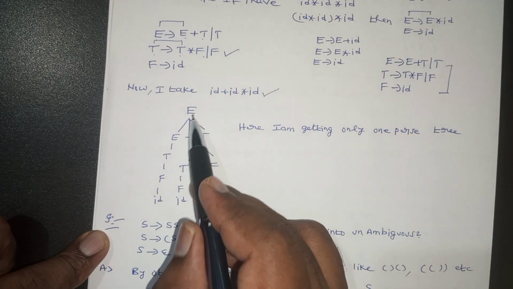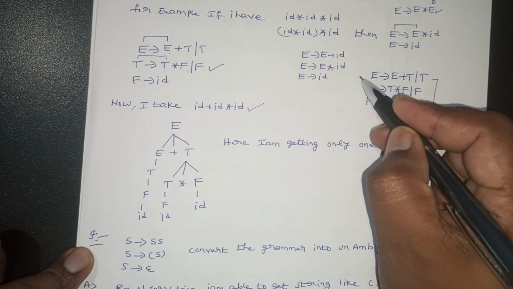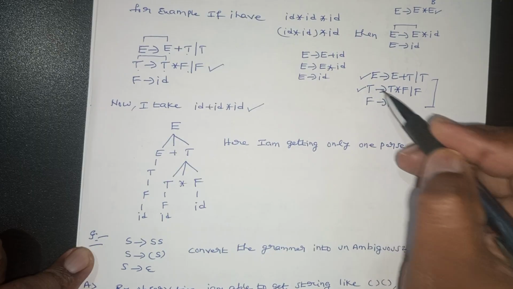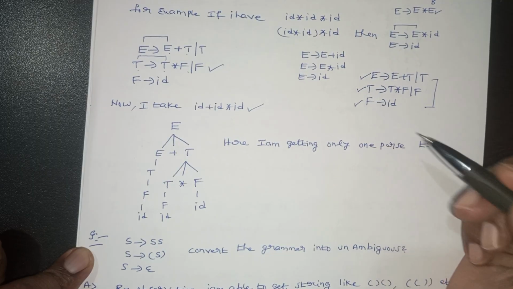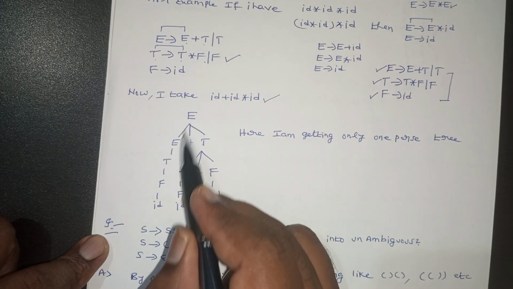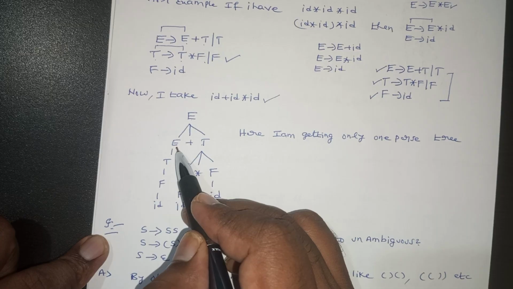So E tends to E plus t. Always you have to start from this rule only. Now in the place of E, what I have to get?